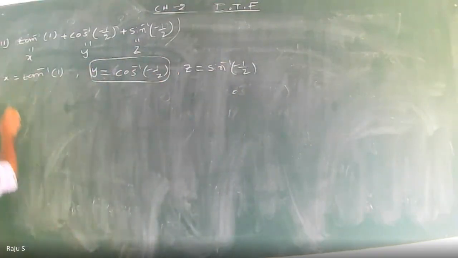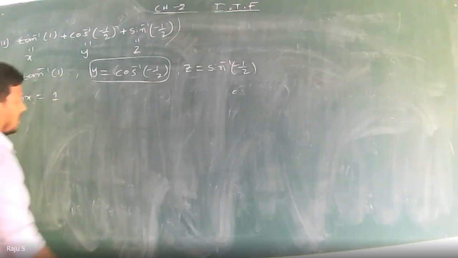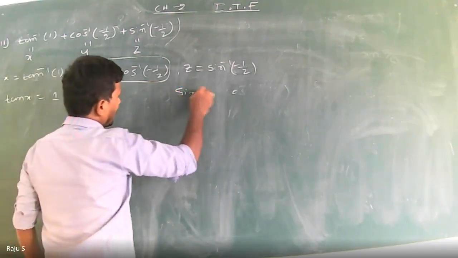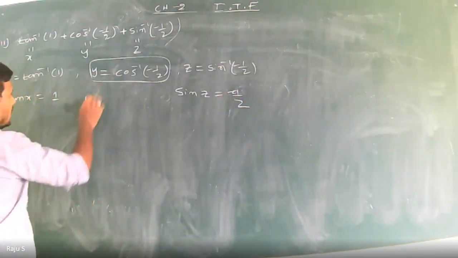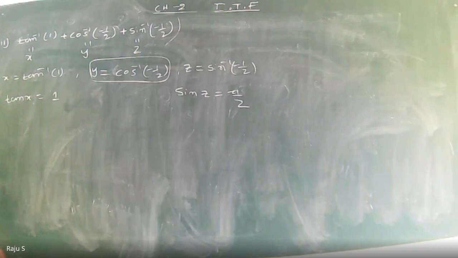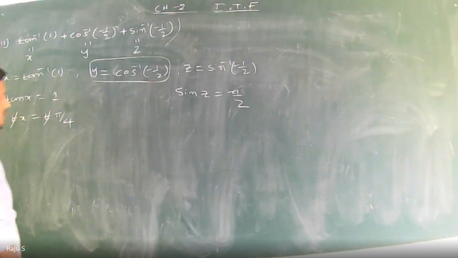Let us see the first two: tan x is equal to 1, sin z is equal to minus 1 by 2. Here tan x is equal to tan pi by 4, tan gets cancelled, pi by 4 we got.